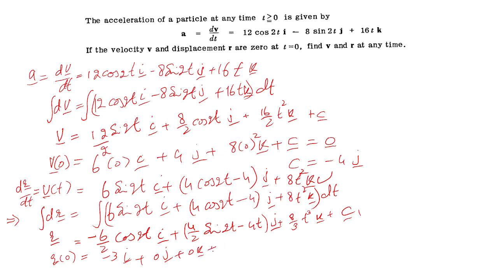And a constant vector, but the displacement vector is 0. So that means what is c1? The c1 vector is equal to 3 i. This will be added into the i component.